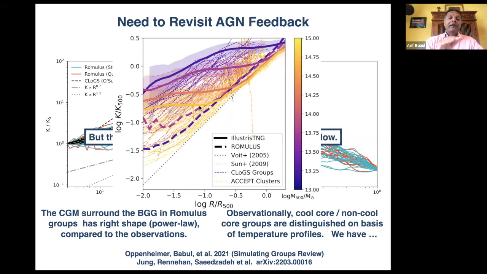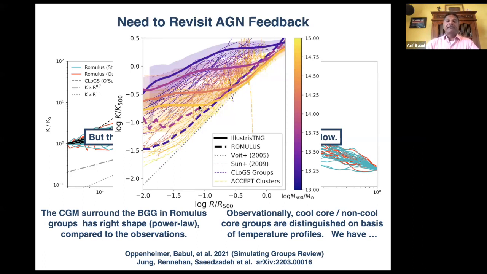In other words, none of the simulations to date are producing entropy profiles on group scale halos that are anywhere near comparable to observations. You either overheat it and create very large entropy plateaus, or you have very steep low entropy profiles that are factors of few too low, and therefore suggesting much more dense gas than there ought to be.